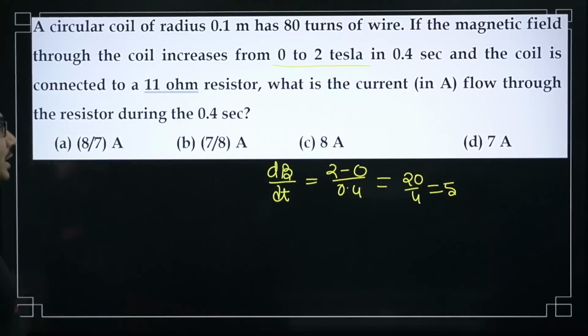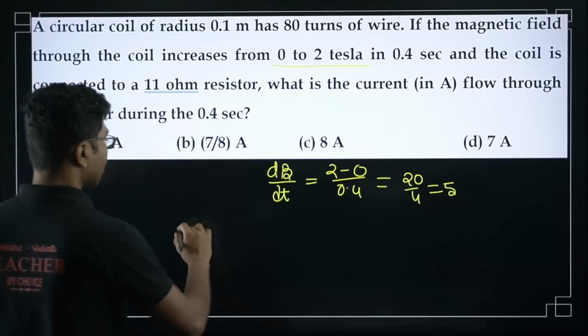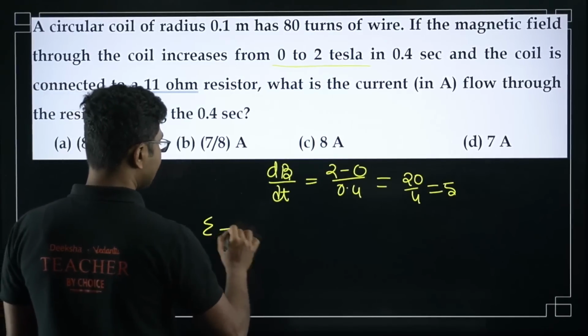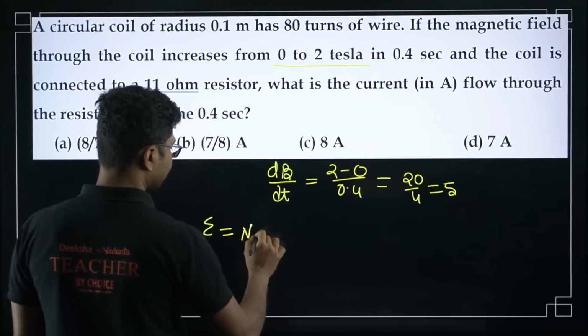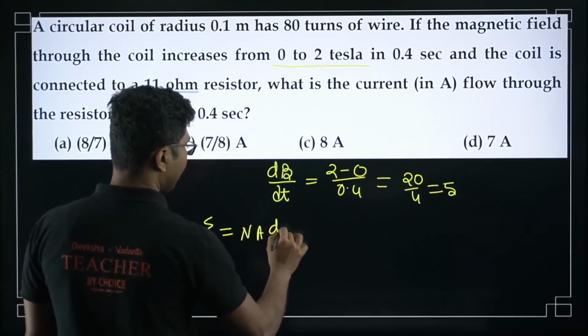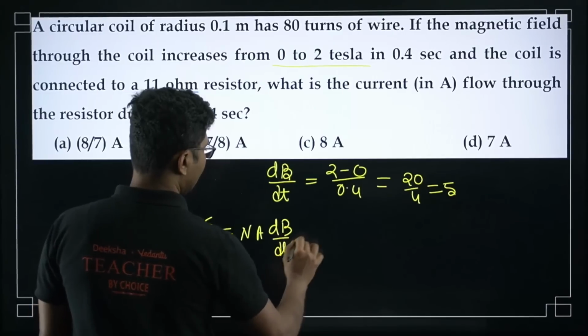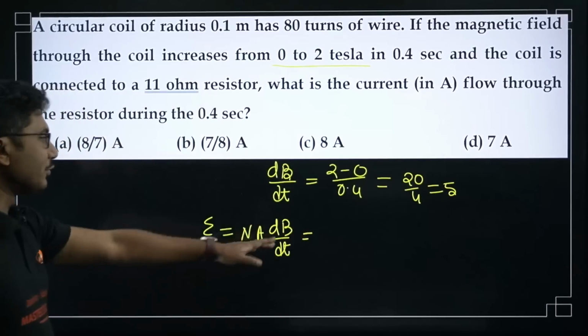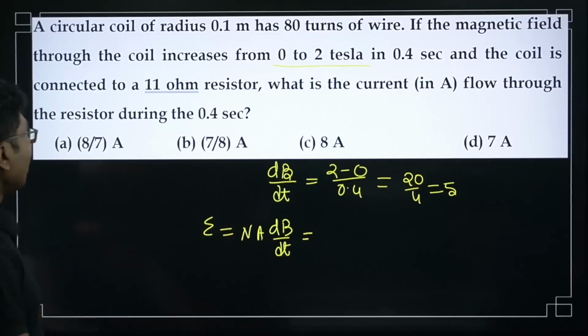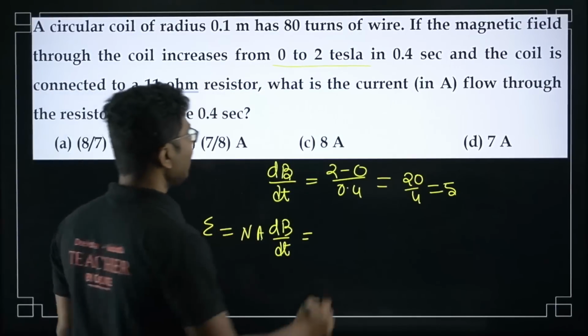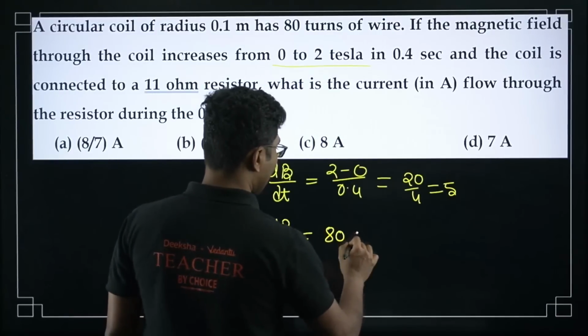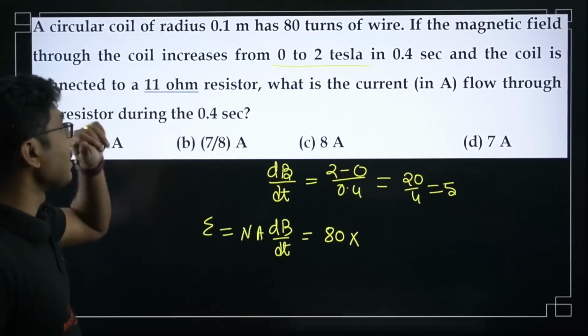Now we have to calculate what is epsilon, which is basically given by n A dB by dt, right? A into B is 5, so if you do differentiation, A comes out. Number of turns is given by 80 and radius is given by 0.1.